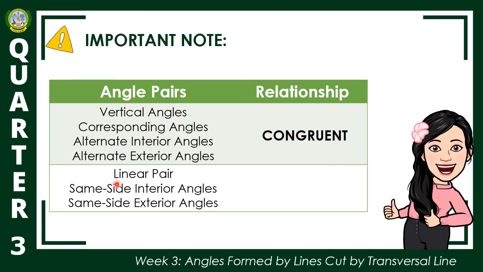So, para naman sa linear pair, same side interior at same side exterior angles, ang relationship po lagi ng mga angles na to ay supplementary, which means that the sum of the measure of the first angle plus the measure of the second angle is equal to 180 degrees.